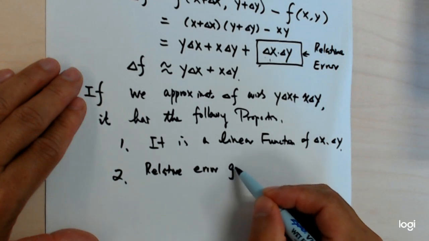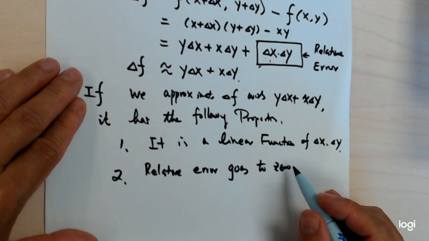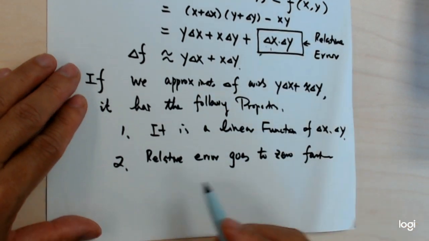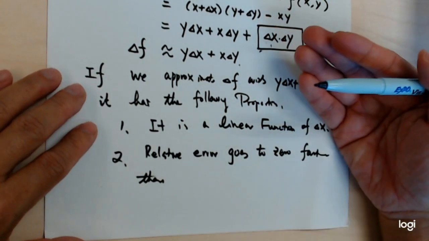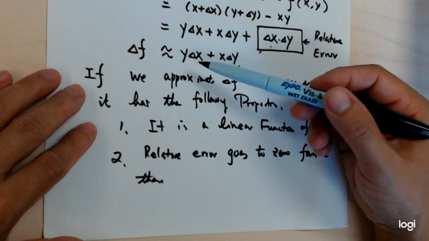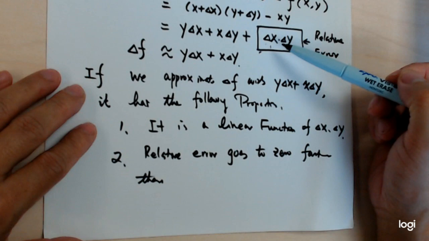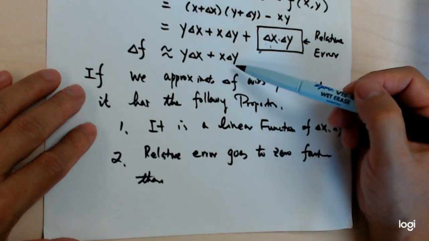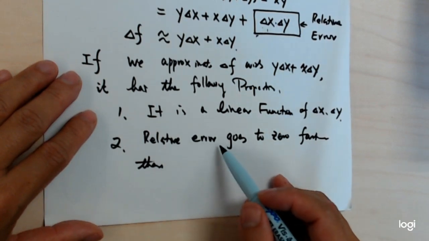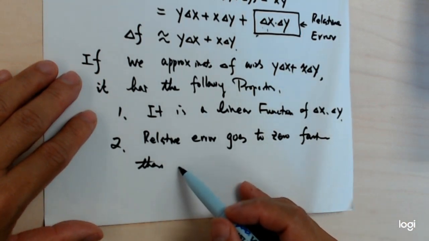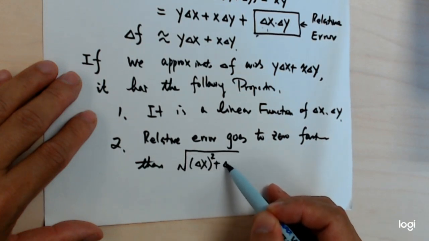Relative error goes to zero faster than the linear part. Now, if delta x goes to 0, this part goes to 0, well, it'll just be faster than delta x. It's also faster than delta y. So we'll simply say relative error goes to 0 faster than this.